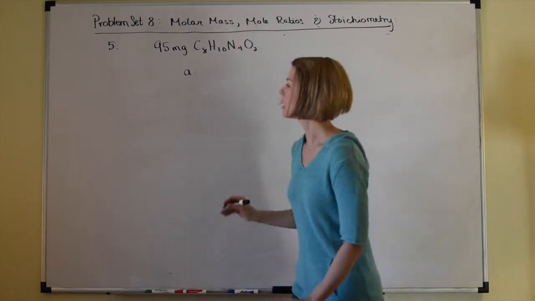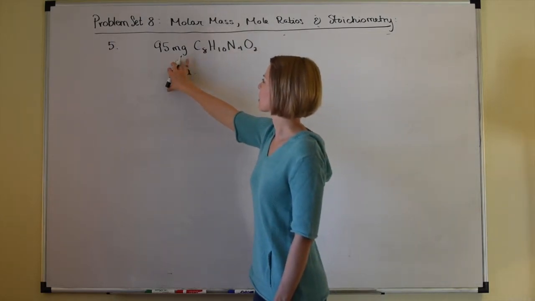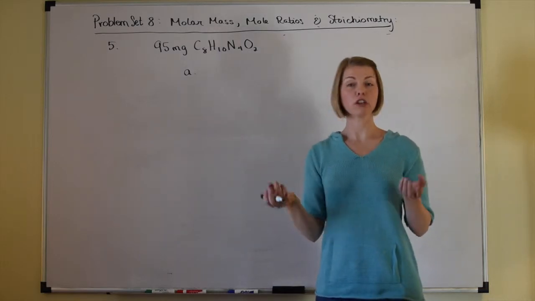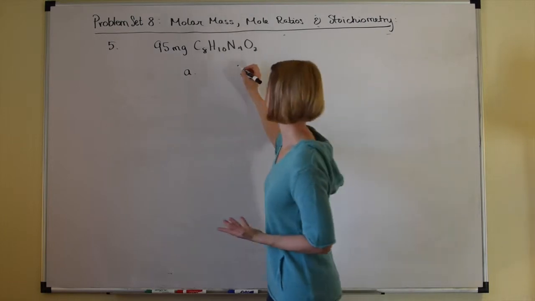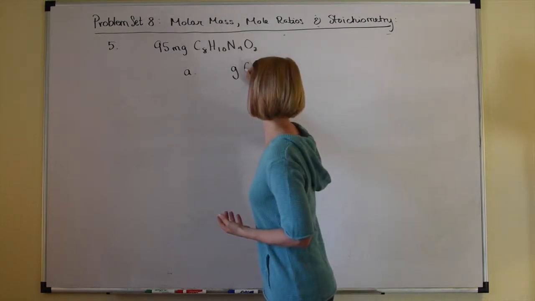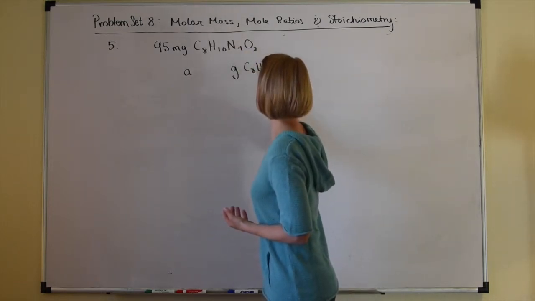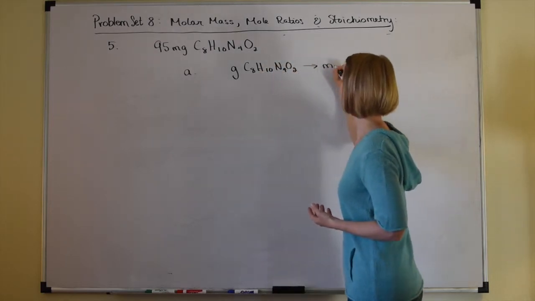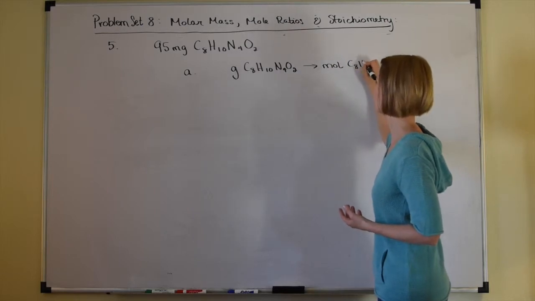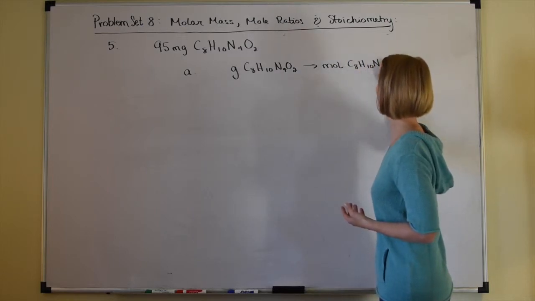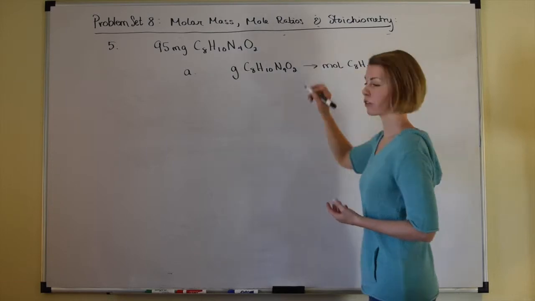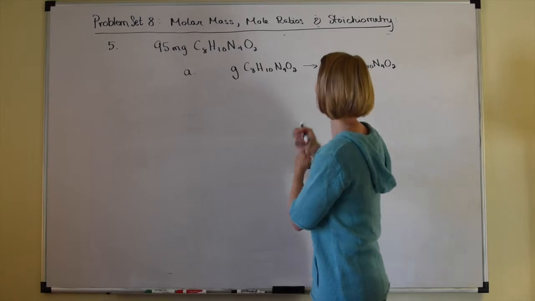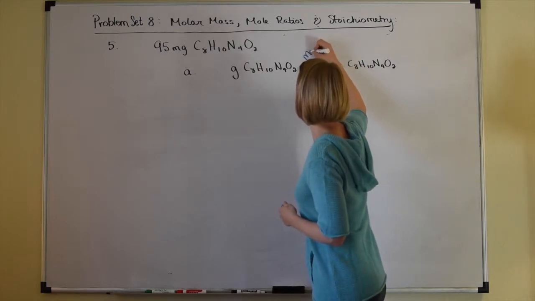Okay, so we know how many milligrams, okay, and we know that we can convert between grams and moles using a molar mass. Okay, so to convert between grams of a substance like caffeine and moles of the same substance, we would use a conversion factor that we called in tutorial 8 the molar mass.